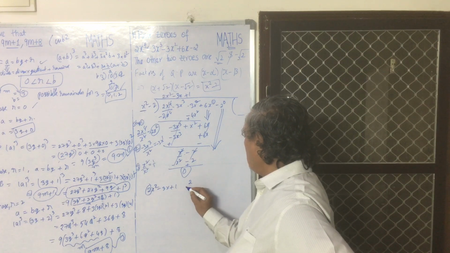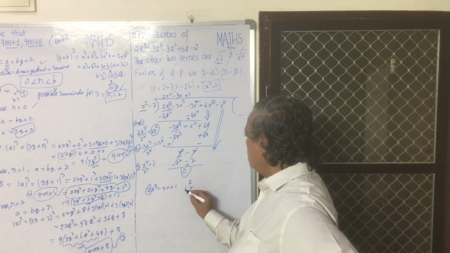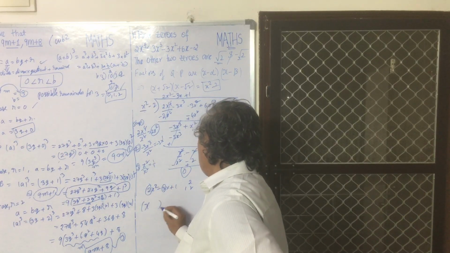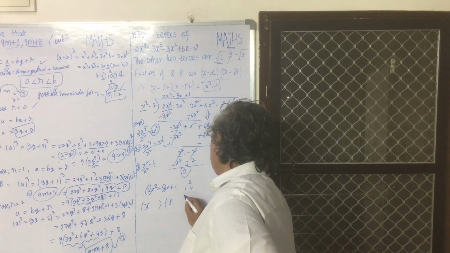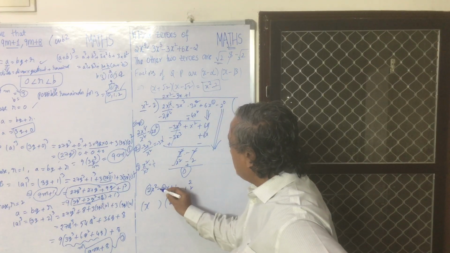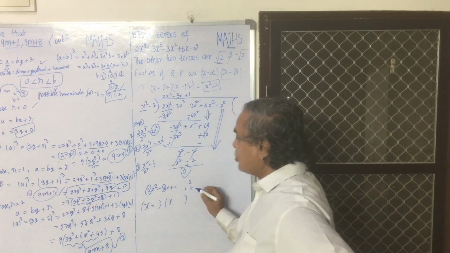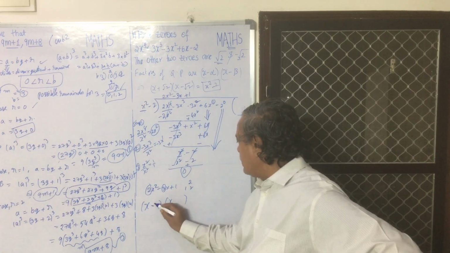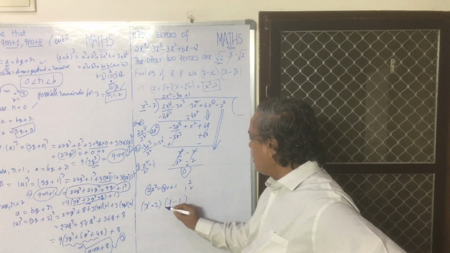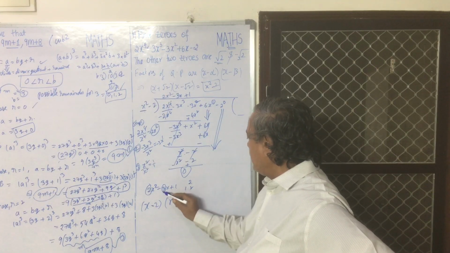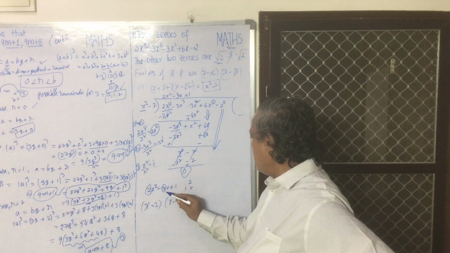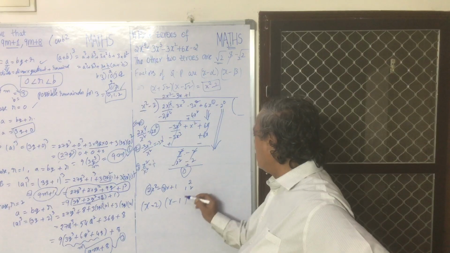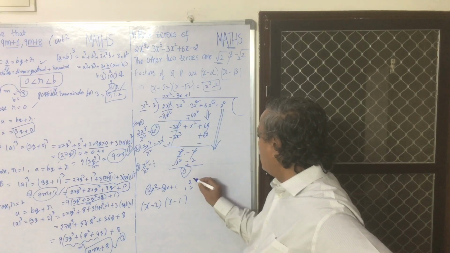Write 2x and x, then x minus 2 and x minus 1. The middle terms give minus 2 minus 1, which is minus 3, and minus 2 into minus 1 gives plus 2.